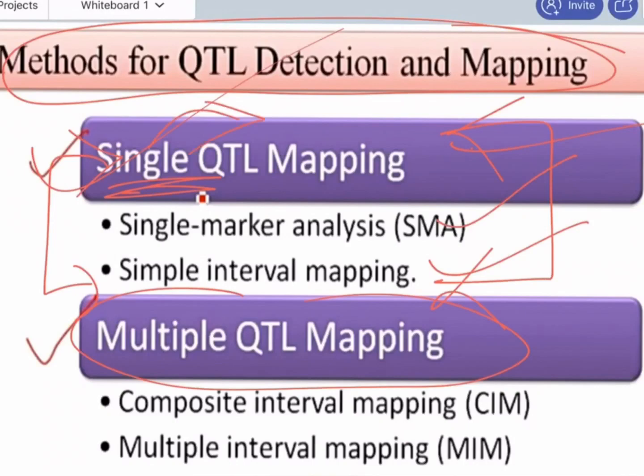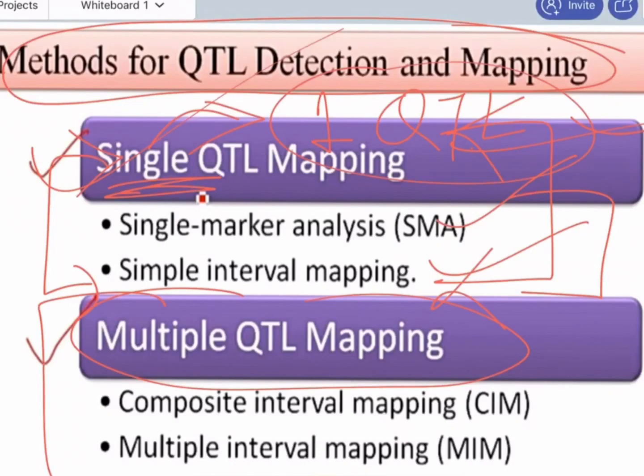Because with the help of these two approaches, we can detect only one QTL at a time. While in multiple QTL mapping, we can detect many QTLs present in the complete genome, as many as possible at a time. It includes composite interval mapping, multiple interval mapping, and Bayesian interval mapping.